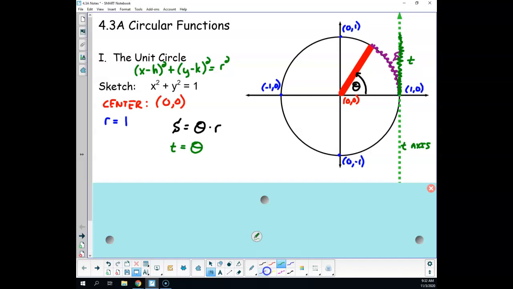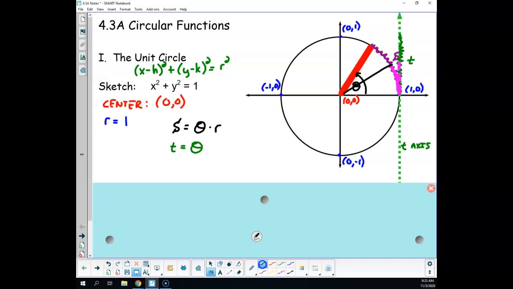And I can take different T values. Let me see if I can find a different color. I can take a different T value, like there, and I can wrap that around the circle here, and that would be my T value. And that would be where my theta would go to.